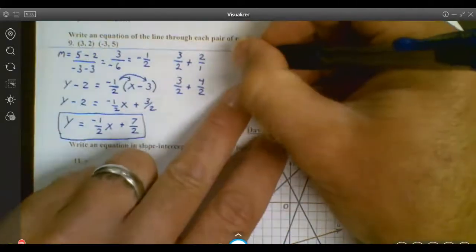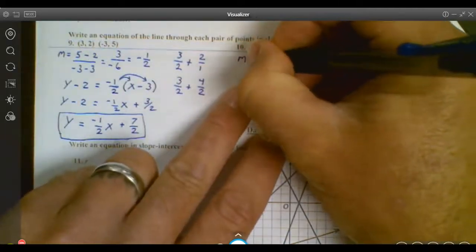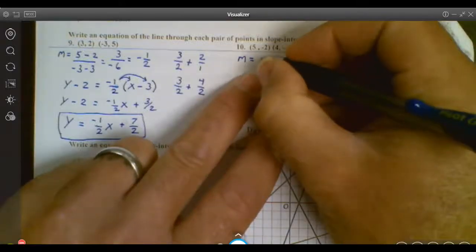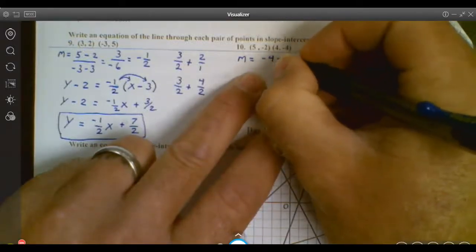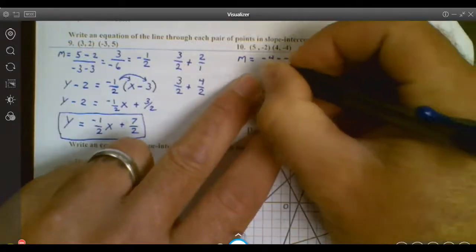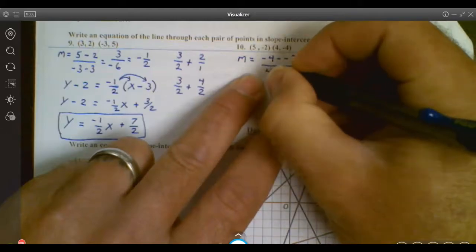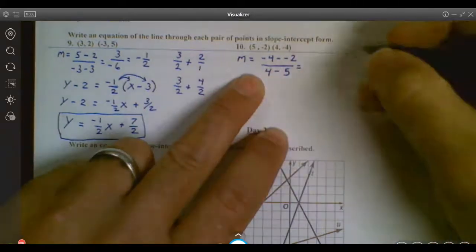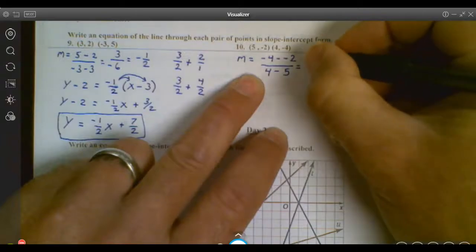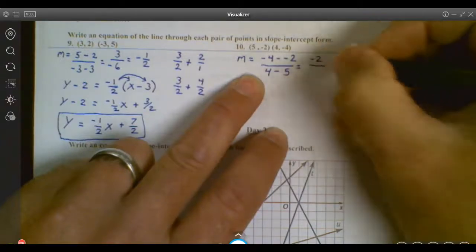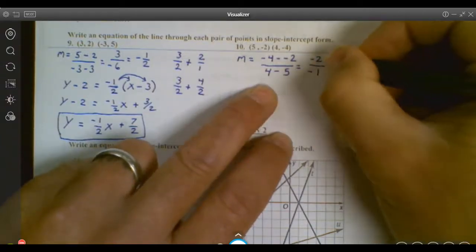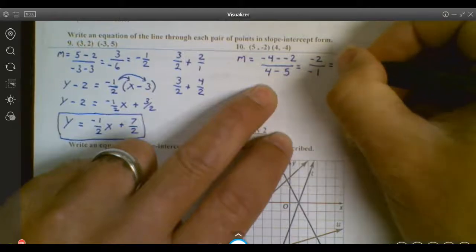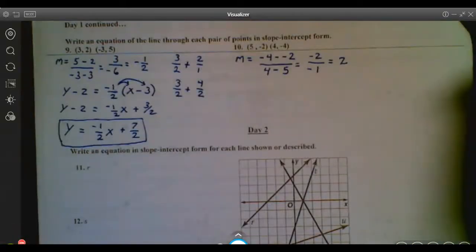Start out with our slope. So I'm going to do my y2 minus y1 over x2 minus x1. So if we clean that up, negative 4 plus 2 is negative 2. 4 minus 5 is negative 1. And we get this nice, simple slope of positive 2.